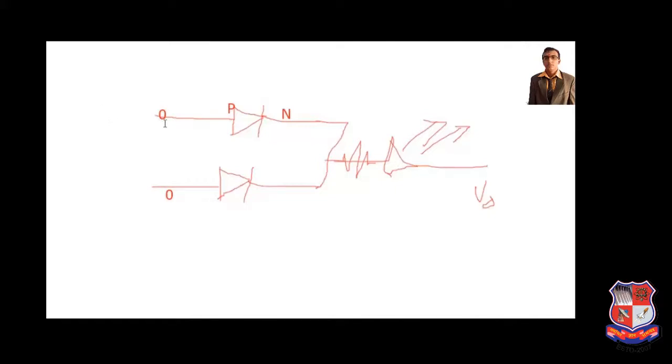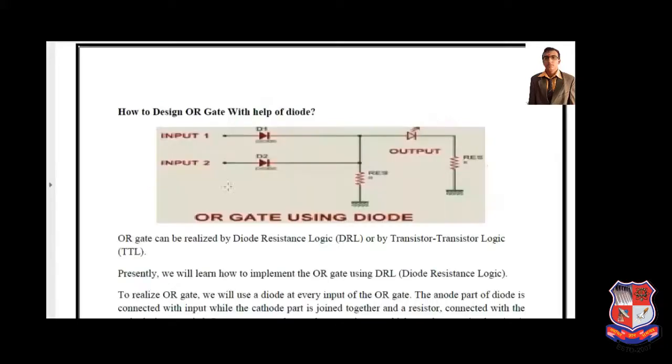Why? Because 0 is applied, so the diode acts as a reverse bias. It can be considered as an open circuit. So the diode cannot be turned on. So with 0 input, output is 0.